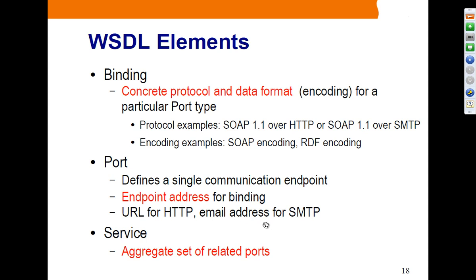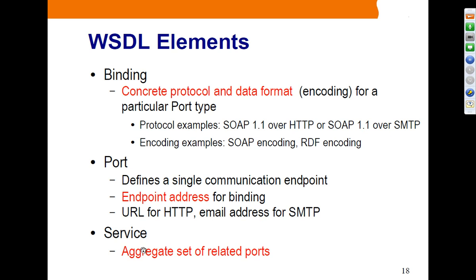As I said before, a WSDL document contains everything the client needs in order to find out what services are available and how to invoke those services. How to invoke those services should include address information, and that address information is defined in this port element. Then service is an aggregate set of related ports, so you can think of service as a collection of ports.